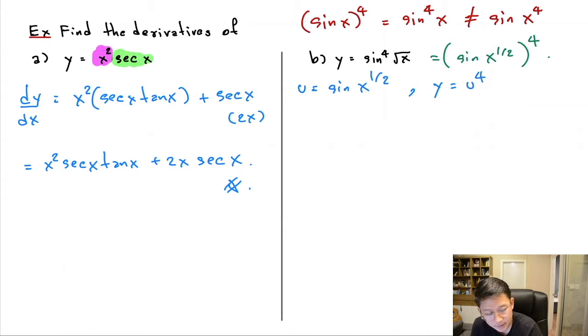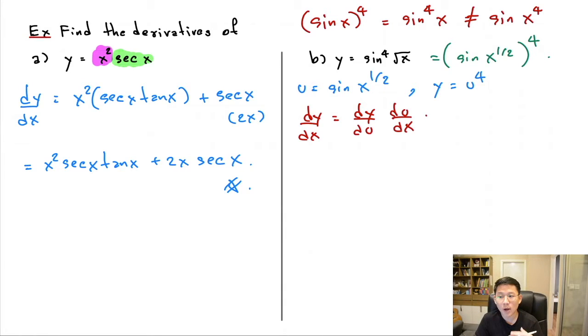And again guys, dy by dx is dy by du times du by dx. But dy by du is, what is it? dy by du is 4u cubed, right?